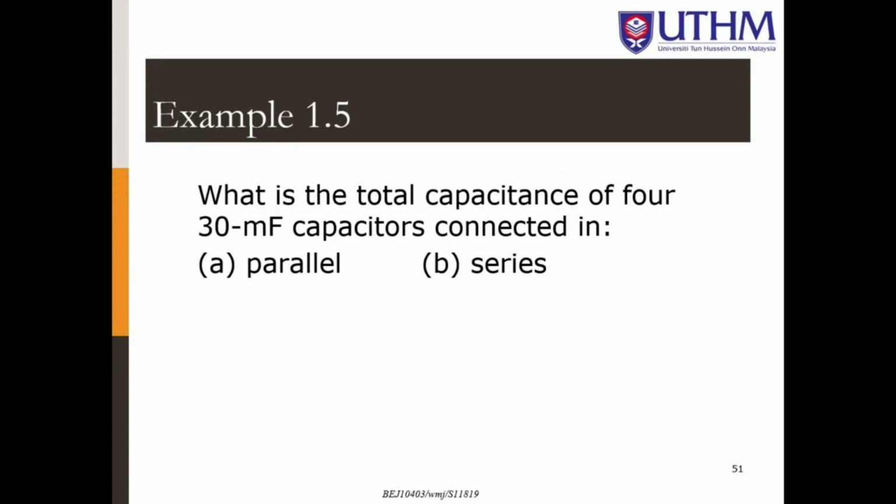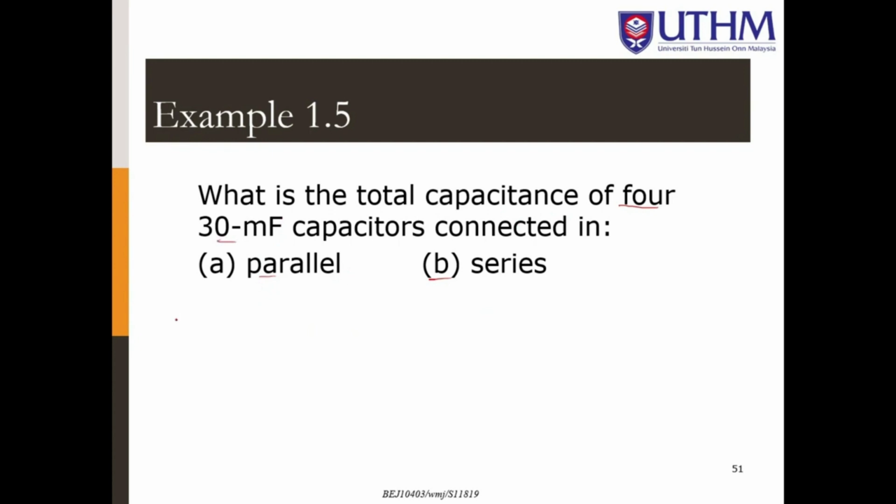Okay, let's look into example 1.5. The question is, what is the total capacitance of four 30 millifarad capacitors connected in parallel, and question B is for the capacitors in series. So let's solve this one. You have four 30 millifarad capacitors in parallel.